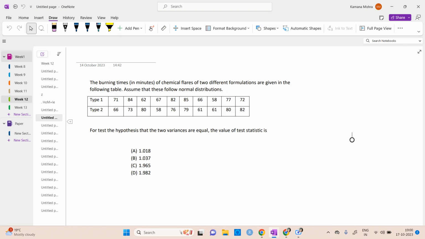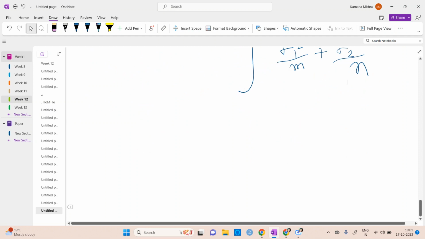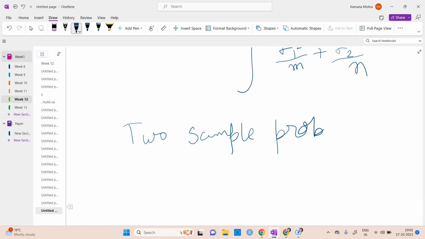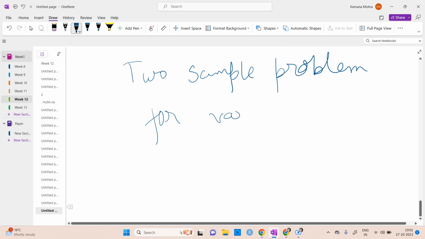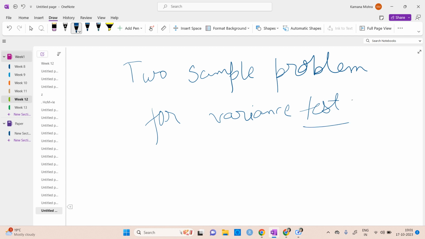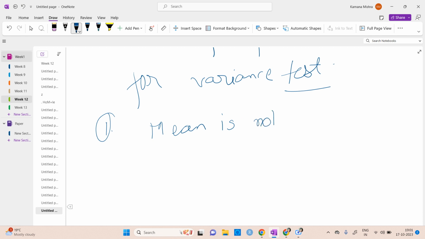I can write this here only. Variance testing in the case where the mean is not known.